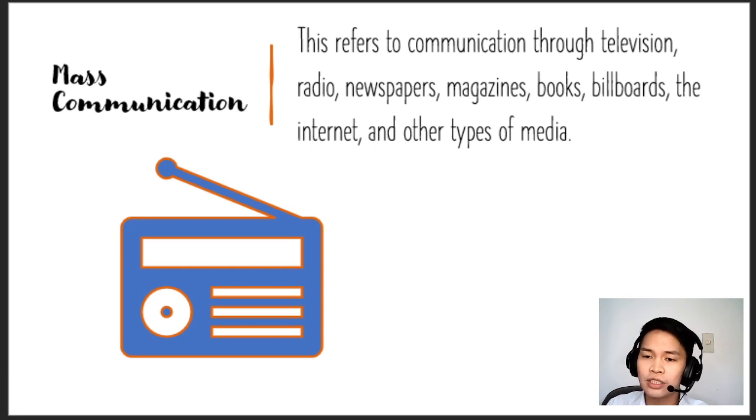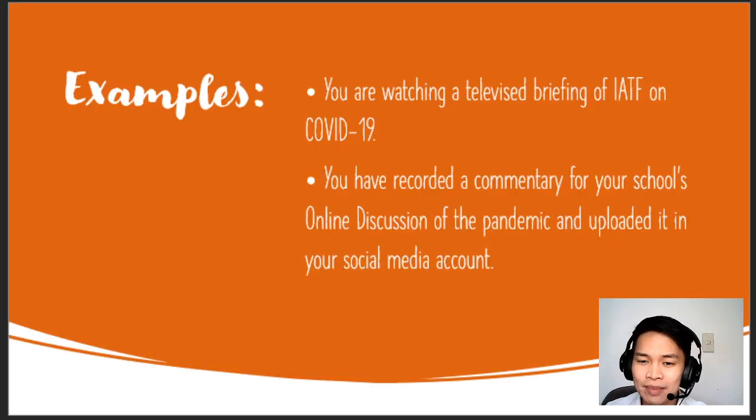So mass communication refers to communication through TV, radio, newspapers, magazines, books, billboards, the internet and other types of media. The other types of media is, of course, your social media, and you are very familiar with that.